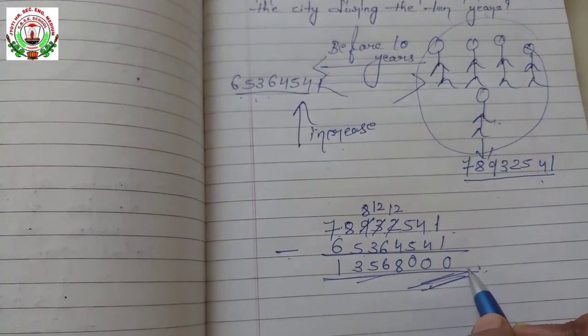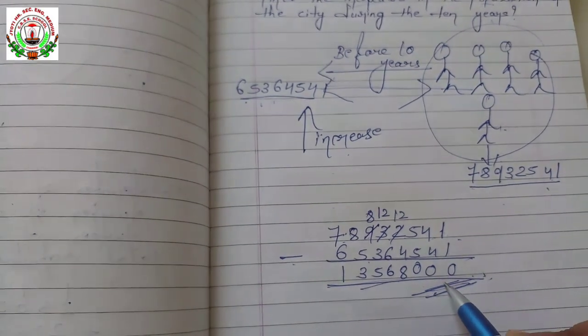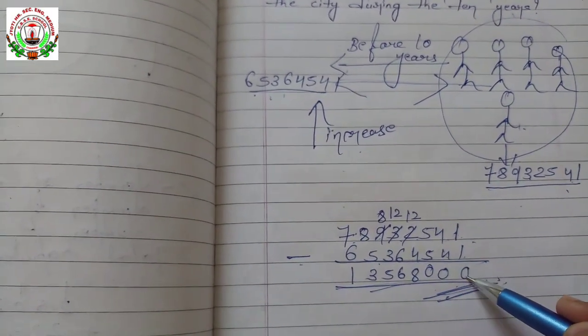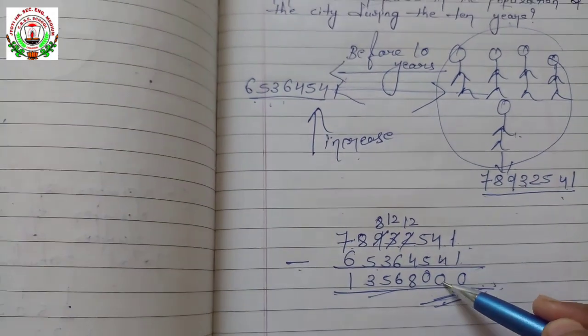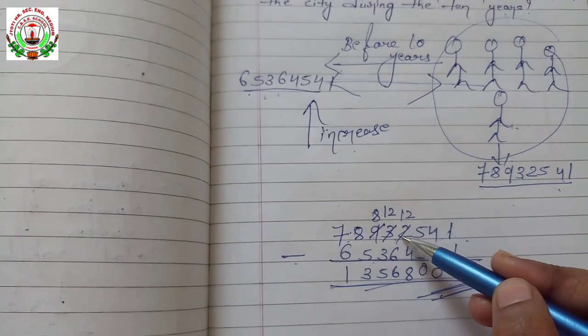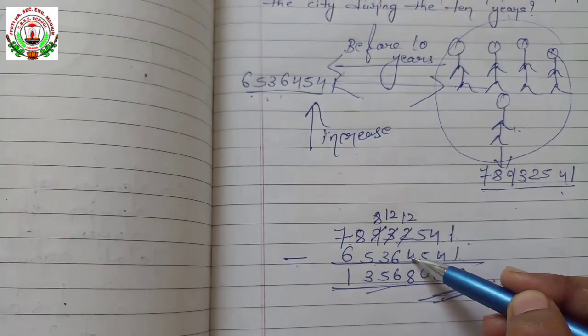After subtracting this, we have got this answer: 1 minus 1 is 0, 4 minus 4, 0, 5 minus 5, 0.